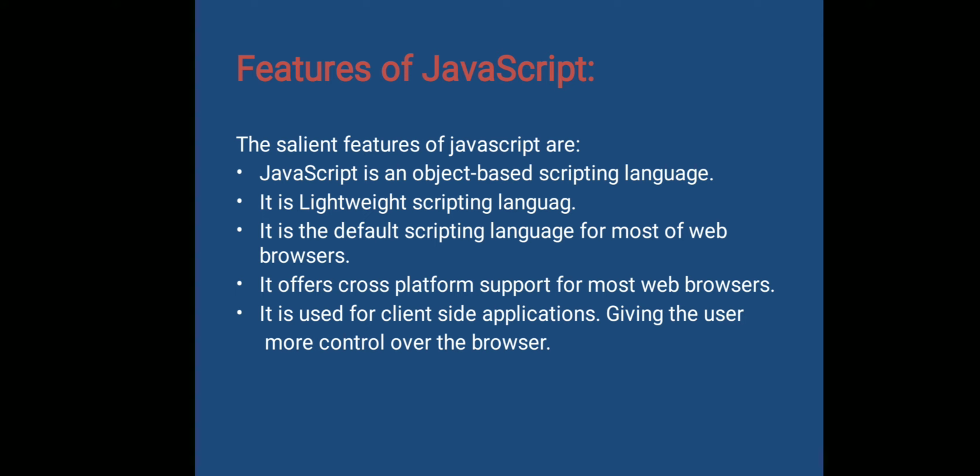Hence, it is known as a lightweight scripting language, and it is a popular scripting language commonly used on most of the web browsers. And it also offers cross platform support. That is, we can run JavaScript on any of the platforms. Platform in the sense, the operating system may be different.